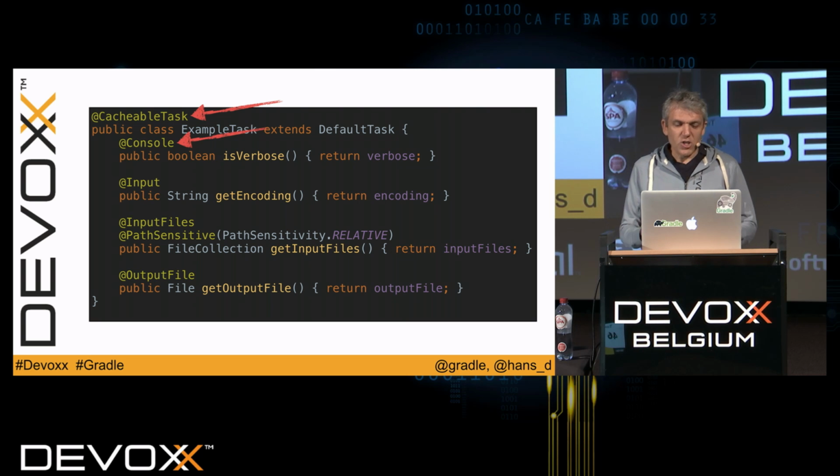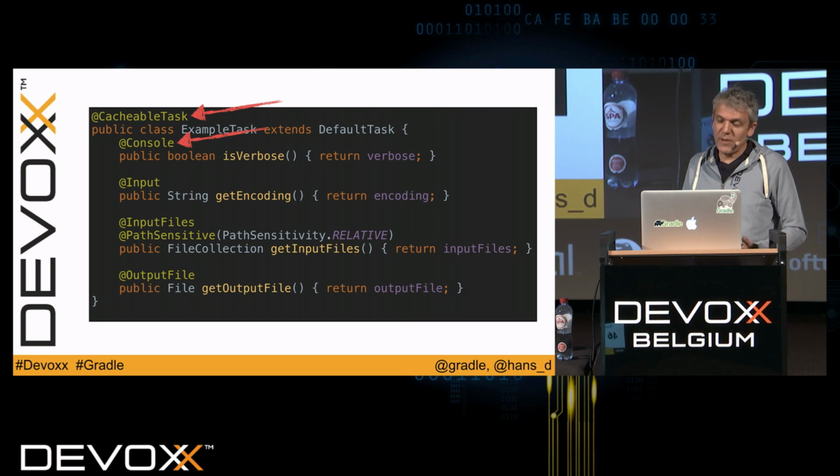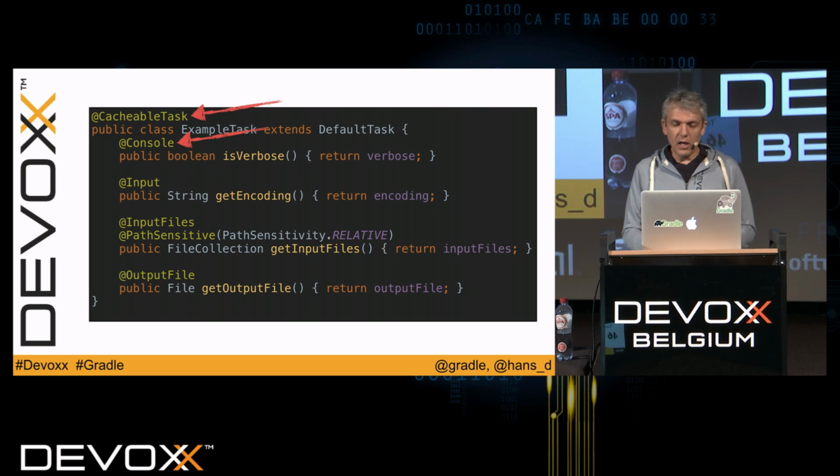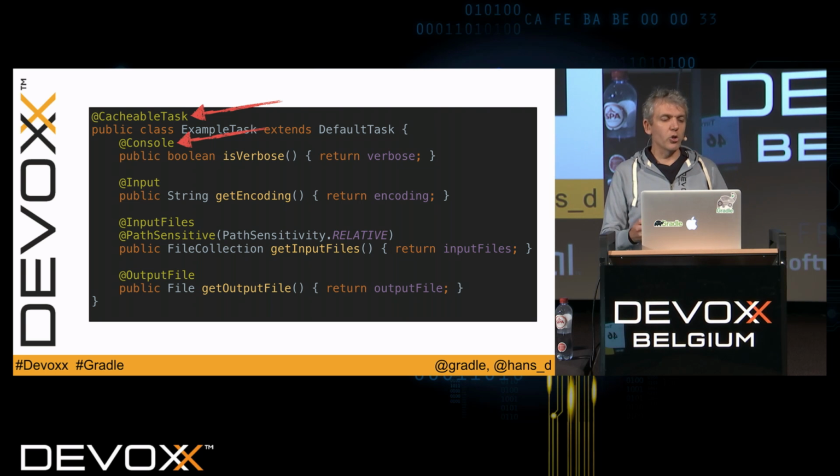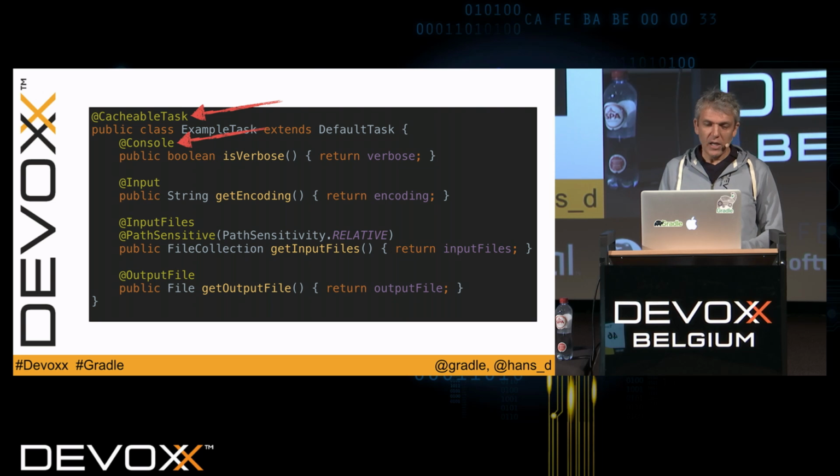To make the cache efficient, right, because we want to have as many hits as possible, you annotate inputs that do not affect the actual outputs, like the verbose setting, right? It is only relevant for the console output. And then we don't use it for calculating the cache key.